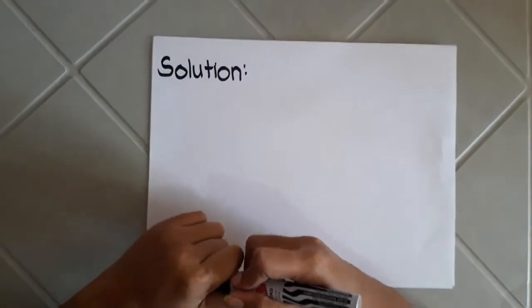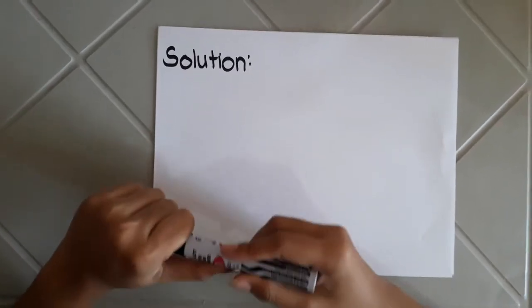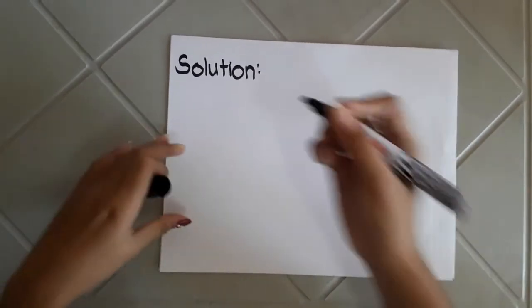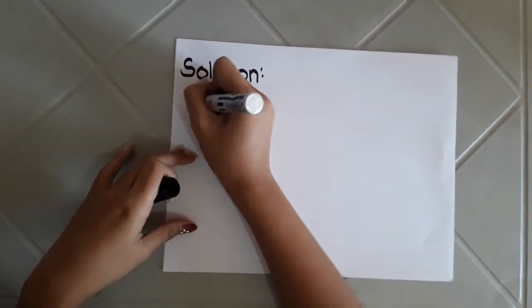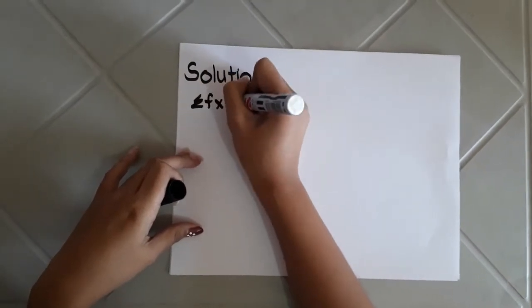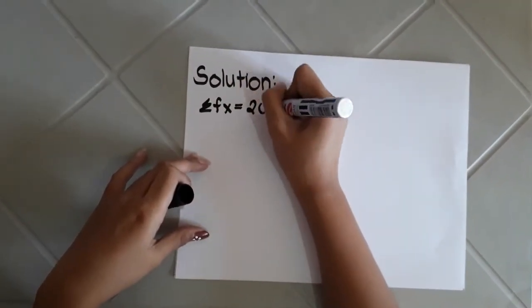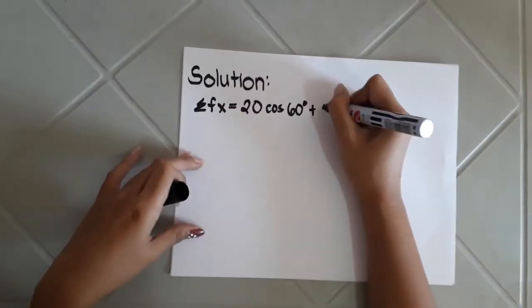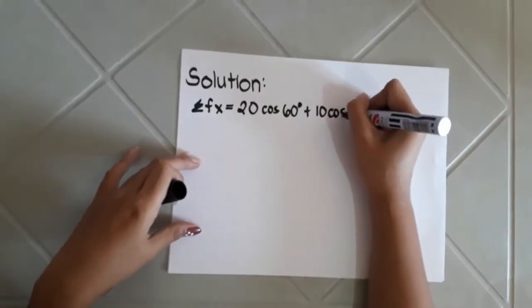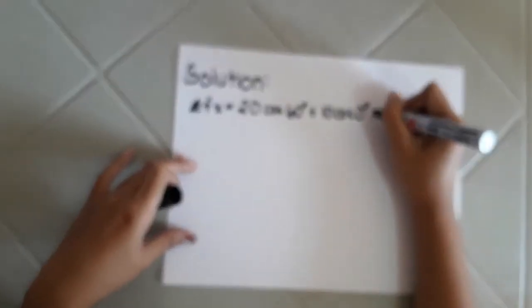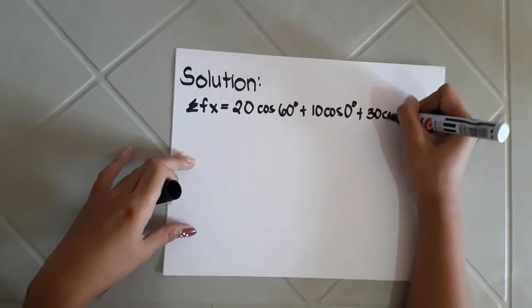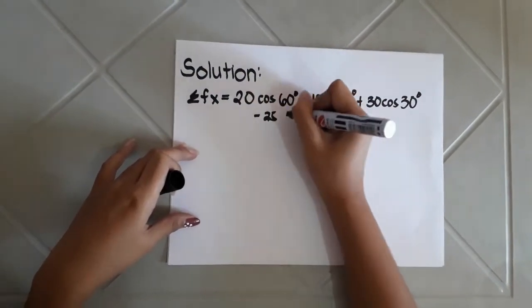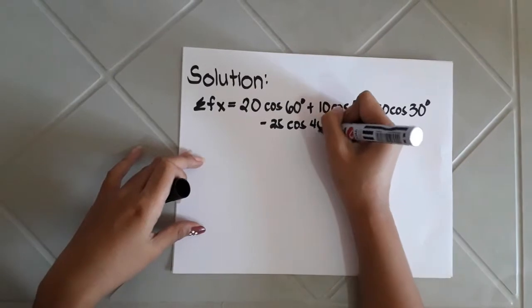Using the component method, here's the step. Step 1. Solve for the horizontal component F sub x by cosine function. So the summation of F sub x is equal to 20 cosine 60 degrees plus 10 cosine 0 degree plus 30 cosine 30 degrees minus 25 cosine 45 degree.